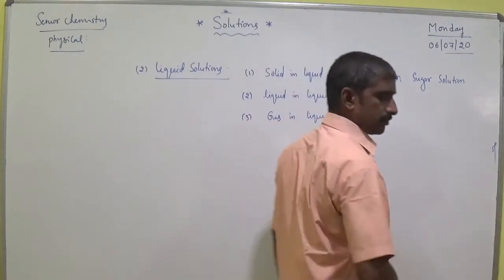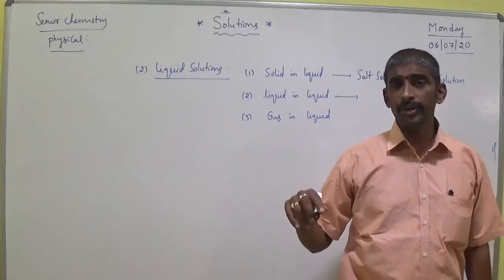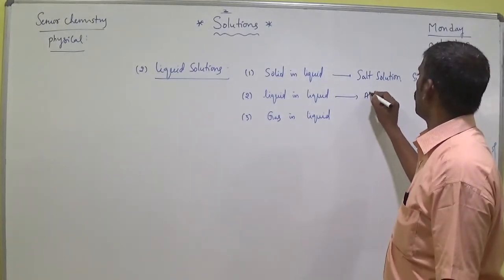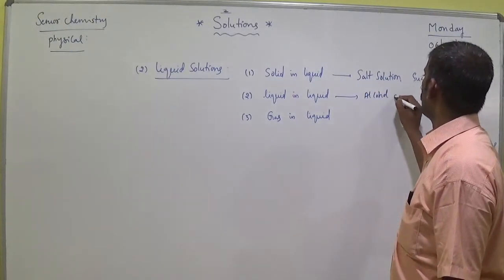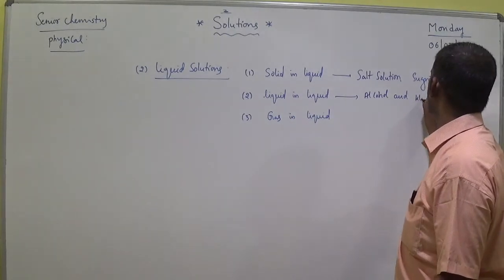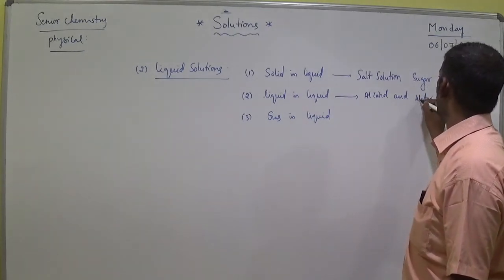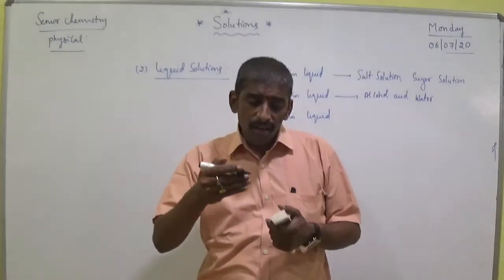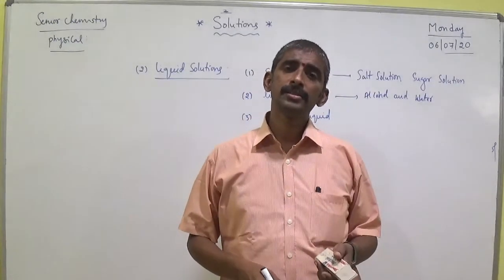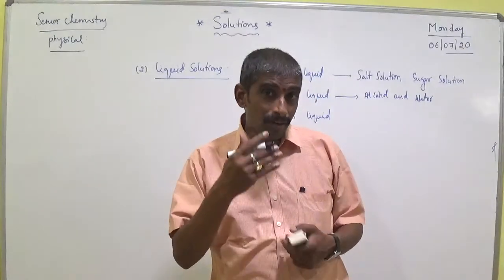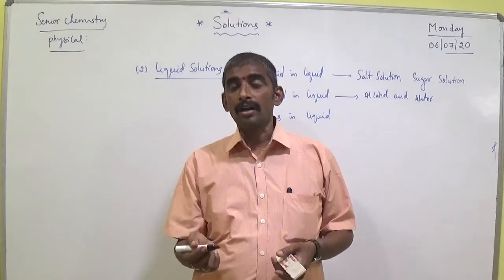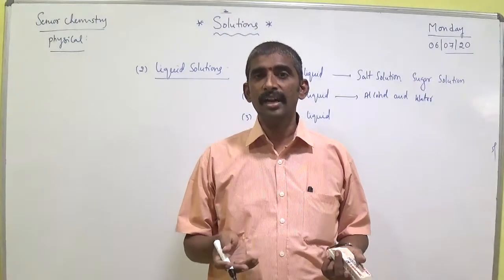Liquid in liquid: here the solute and solvent are both liquids. The best example is alcohol and water. Alcohol and water are completely mixed with each other. Because why? Alcohol is completely soluble in water. Say, anyone, why is alcohol completely soluble in water? Because alcohol and water both contain hydrogen bonding.